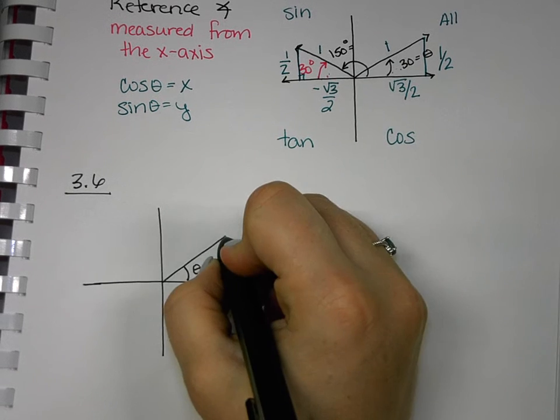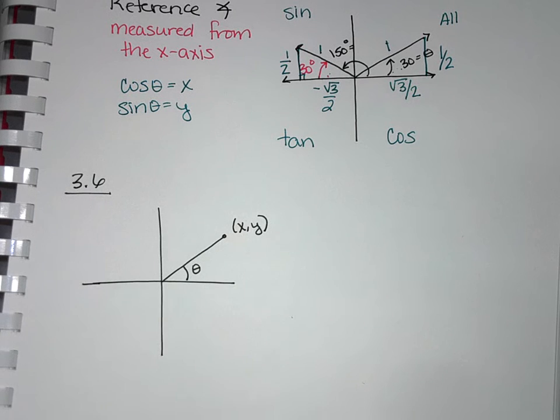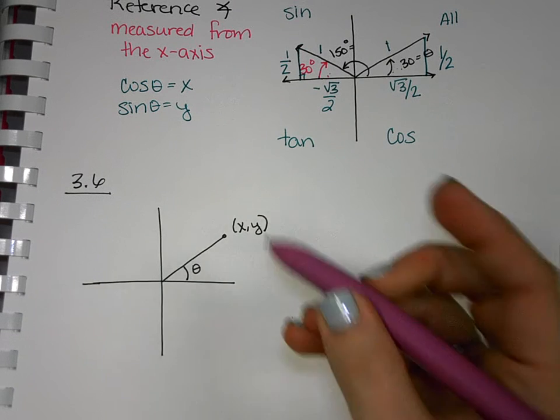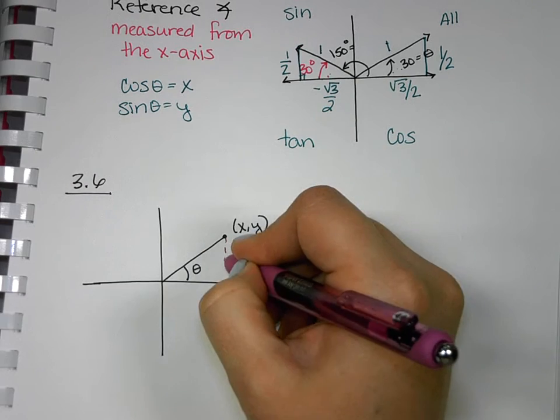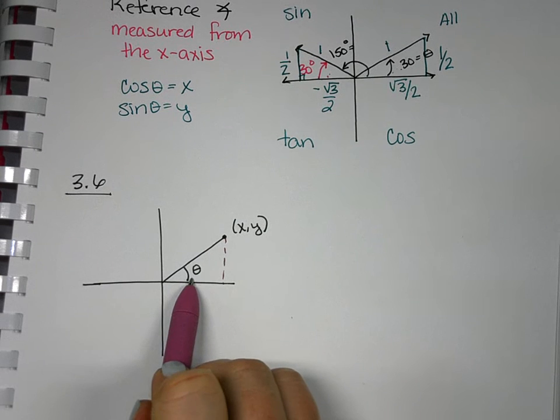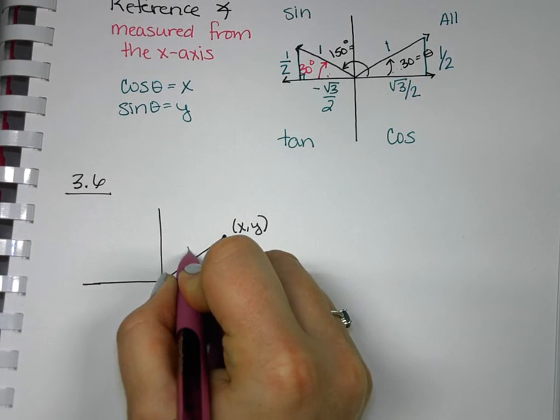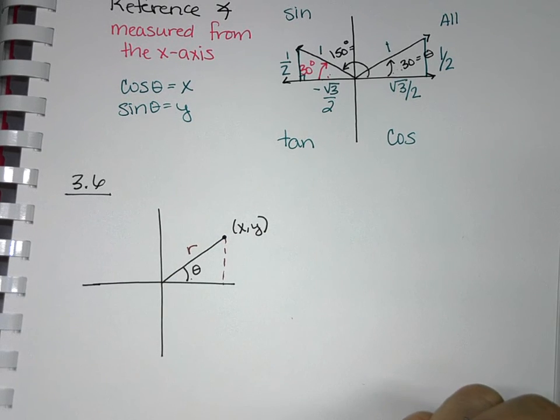So if we're given an ordered pair here, x, y, we can still draw out the right triangle. We can use the fact that sine is positive, cosine is positive, and so is tangent. And so what we might need to do is figure out our radius, because now our radius might not be 1.